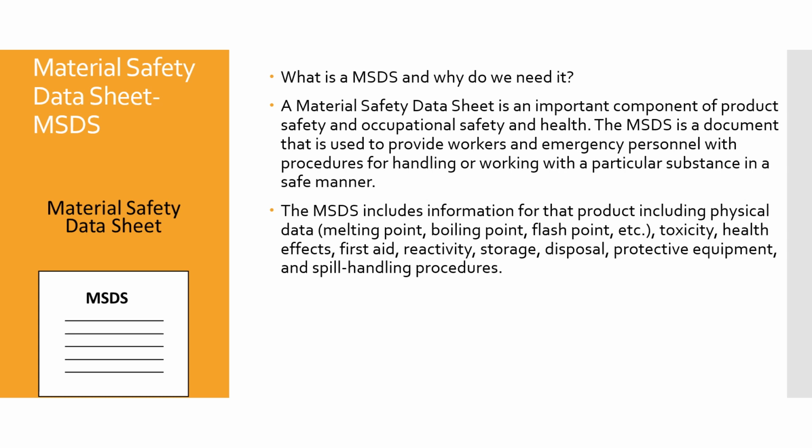It includes physical data, melting point, boiling point, flash point, etc., toxicity, health effects, first aid, reactivity, storage, disposal, protective equipment, and spill handling procedures. Once again, if you're working with a specific material and you have questions, ask your boss, and say, I want to look at the MSDS or the safety data sheet.